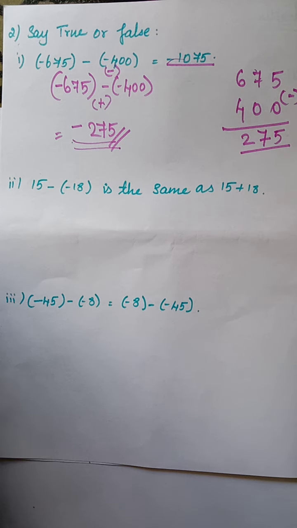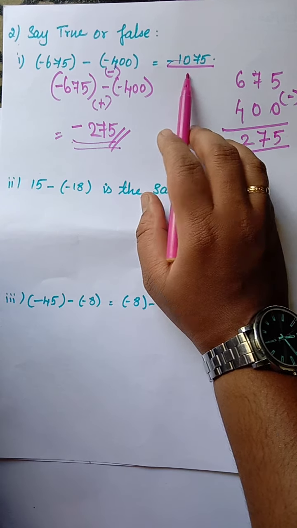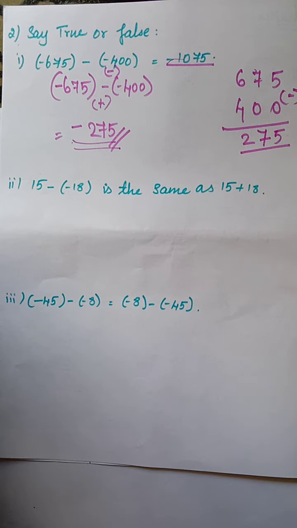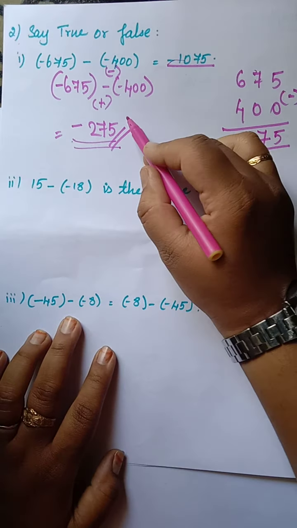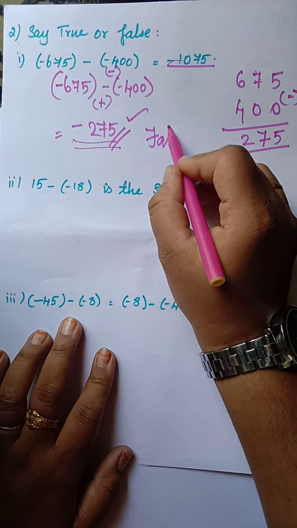We have written the symbol of the biggest number, then we subtracted the value and then we got 275 as our value. But they have given the answer as minus 1075. Okay, now what we did is correct. So our answer is false.